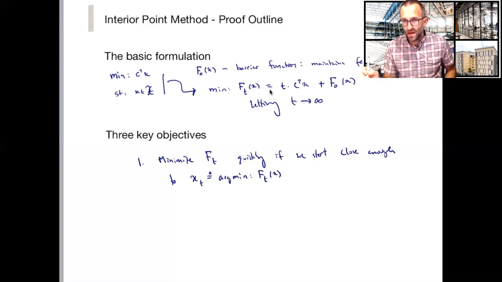And note that because f0 is strictly convex, linear plus strictly convex is strictly convex, so we have a unique minimizer. So I've written equality here.